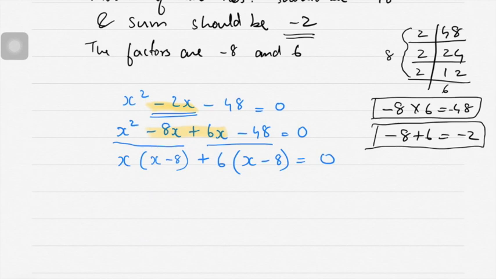Let me show you. When you open this bracket, which I am showing in red, what will happen? 6 into x will become plus 6x, and plus 6 into minus 8 will become minus 48.